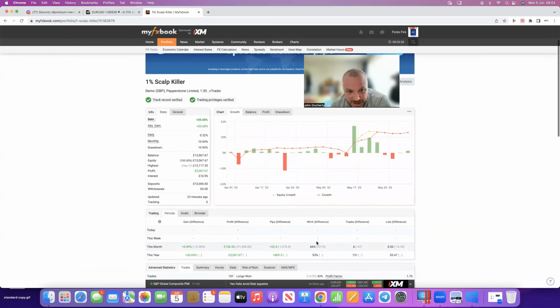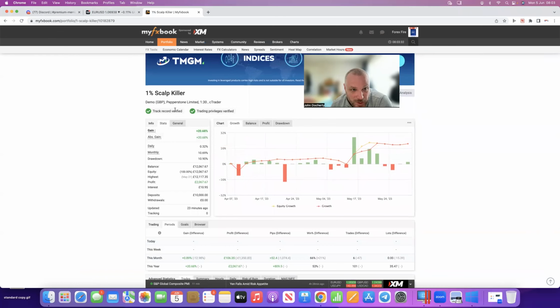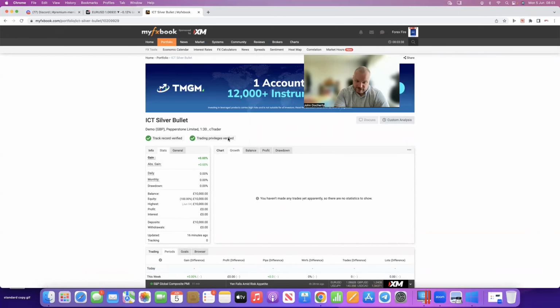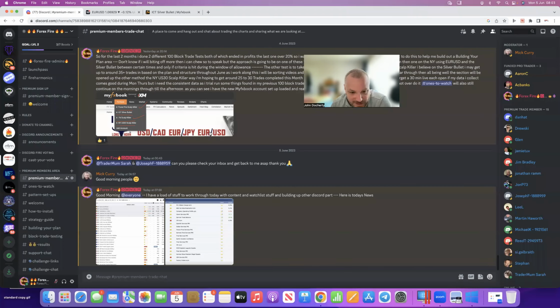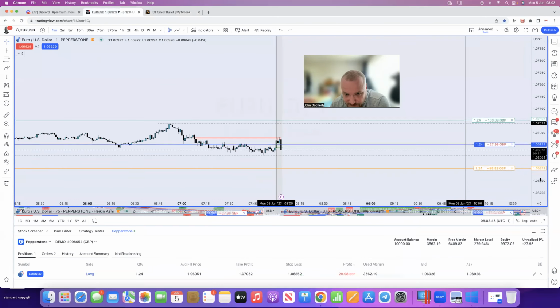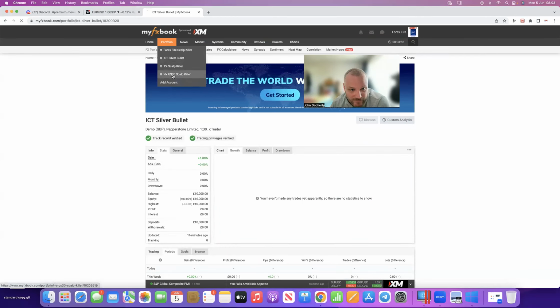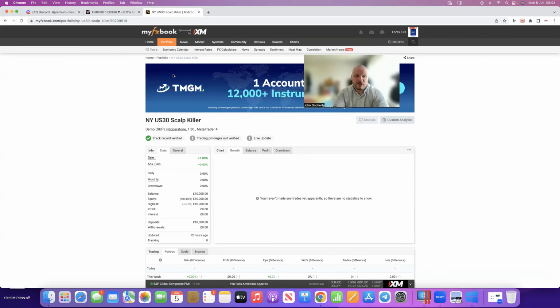Profit factor was a little bit less, but we risked a bit more and we ended that at 20.68%. Now I want to do this new one, which you can see here, it's fresh 10K. This is now entered, and I'm just wanting to forward test this on the Silver Bullet. And then I've got one for the scalp killer, US, the NY Open US 30.